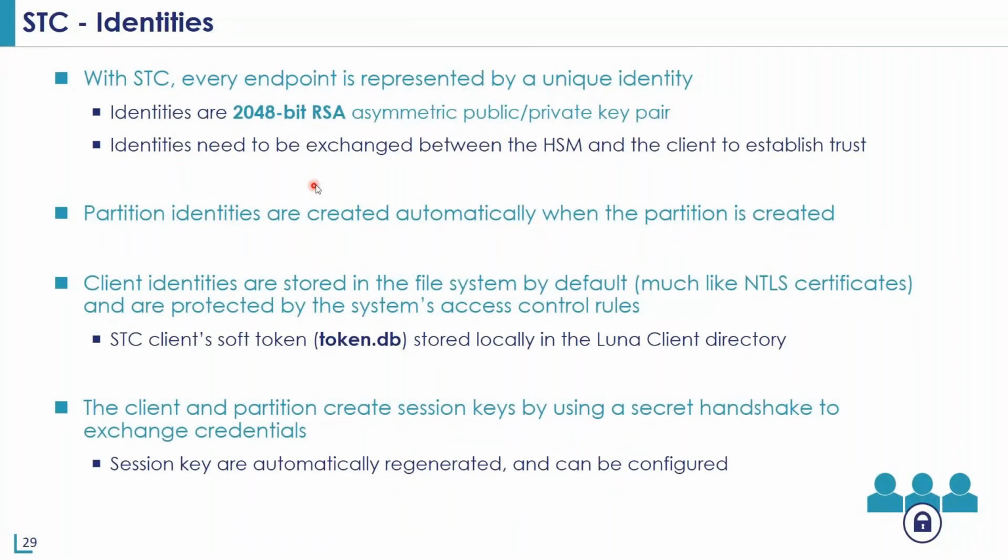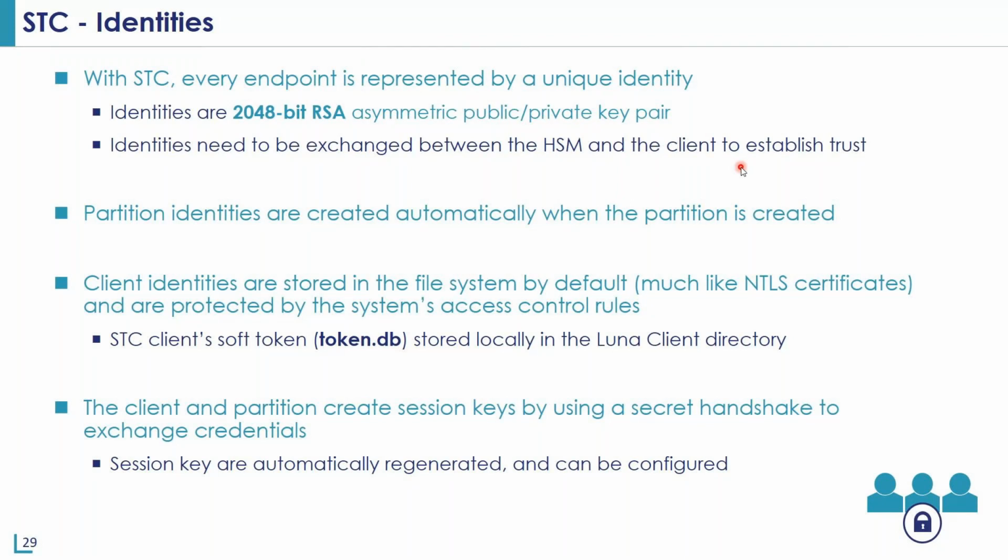So this identity is your 2048-bit RSA public and private key pair. These identities need to be exchanged between your HSM and the client to establish your trust. So instead of exchanging certificates between your HSM and your client, this time in STC we'll be exchanging identities.